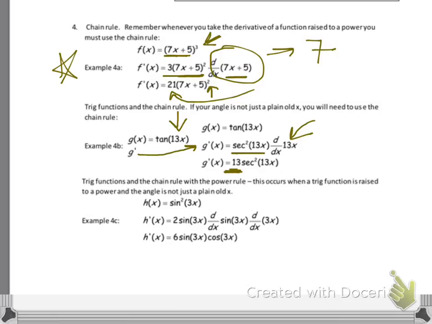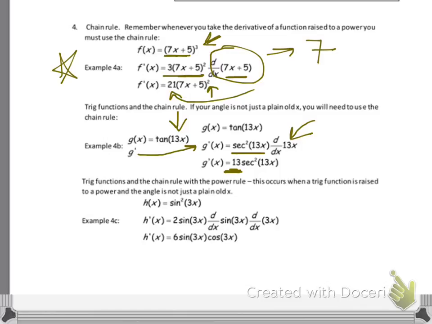Then we come to example 4c. I have a power right there. Okay, there's a power. So when I have a power and I have an angle that's not just plain old 3x, I am anticipating two trig functions and the derivative of my angle in there. So for the most part, this was actually handled very well, but I thought we'd just reinforce it one more time.